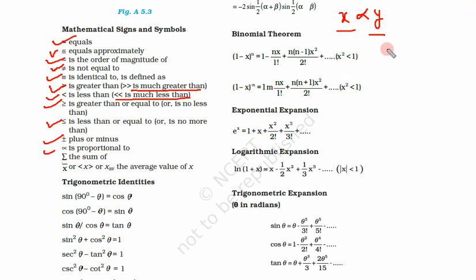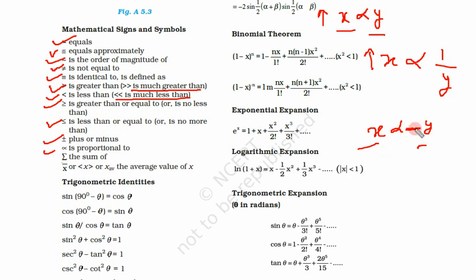But there are two types of proportionality. So x is proportional to 1 by y. What is the meaning of this? If x increases, y will decrease. Here both will increase. Another thing is x is proportional to minus y. What is the meaning of this minus y? It means y will try to oppose x.